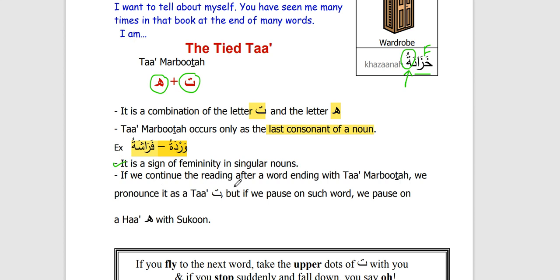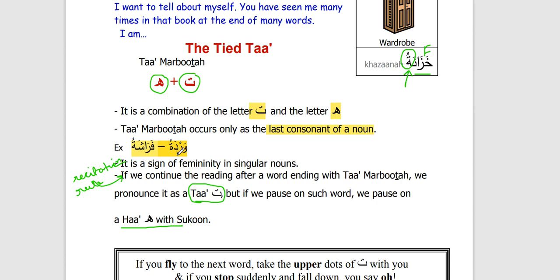Now let's continue with the recitation rule for ta marbuta. If we continue reading after a word ending with ta marbuta, we pronounce it as ta. And if we pause on such a word having a ta marbuta, we pause on the letter ha with sukun.